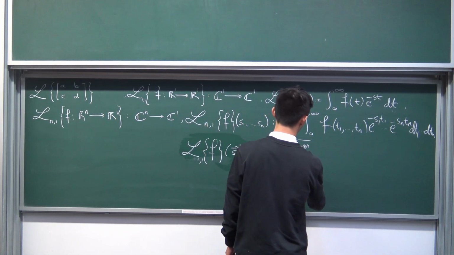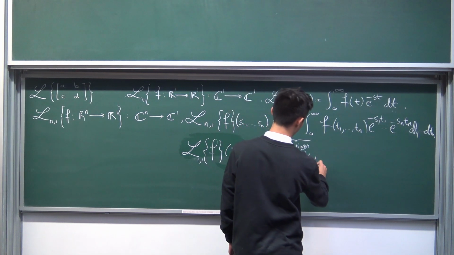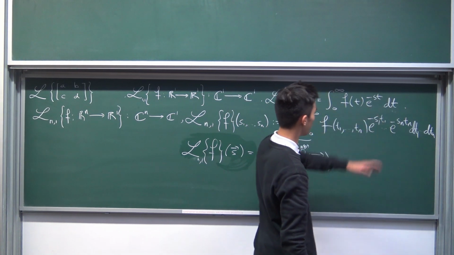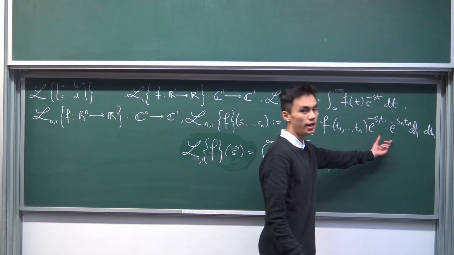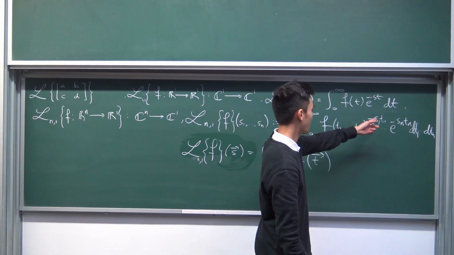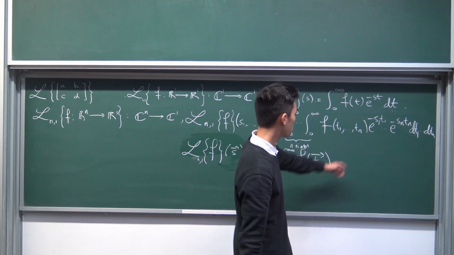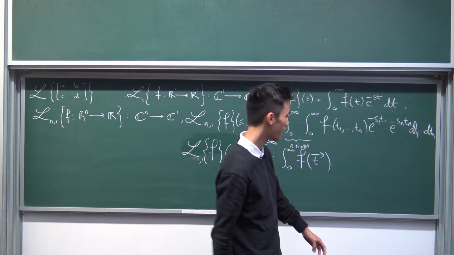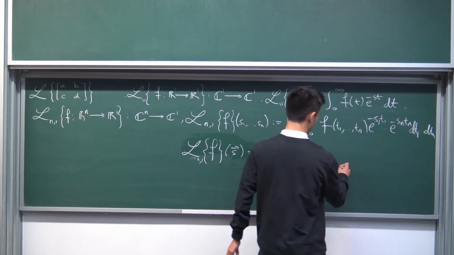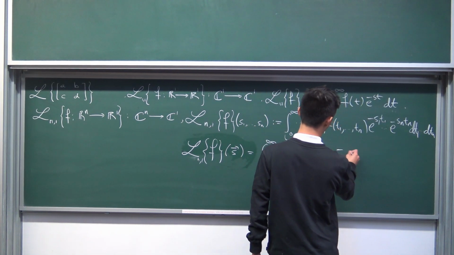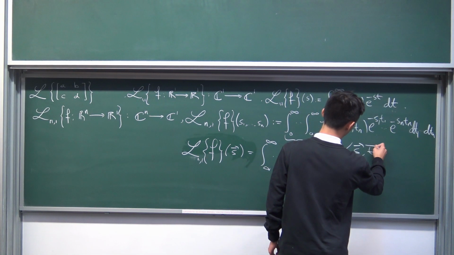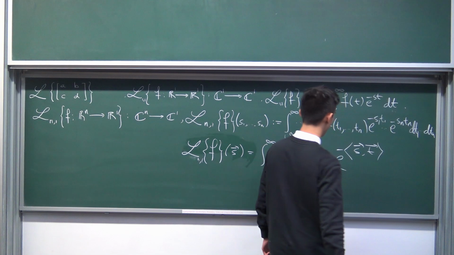Okay, then we have the f, and let's write this t1 to tn as t arrow, and then we have e to the minus s1 and so on. And we can combine these exponential factors together, we can factor out a negative, and then you may notice we're going to be left with s1t1 plus all the way up until sntn. And that's exactly the inner product, so we can probably write e to the minus, and then the inner product of s and t. So this is the Euclidean inner product that we have over here.